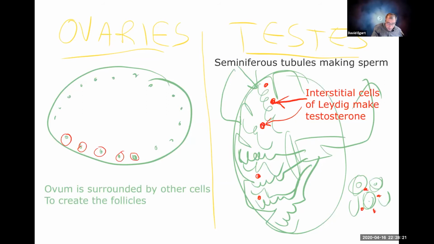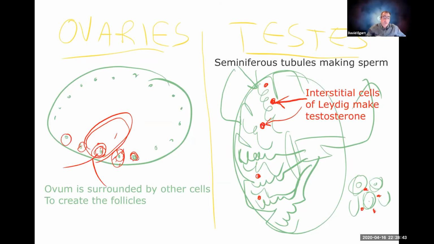You have primordial follicles where it's the egg with just a thin layer around. Primary follicles where it starts getting thicker. You end up at tertiary follicles, which is like a half inch across and full of fluid, and pop out. So there's a whole bunch we're going to talk about with the follicles.